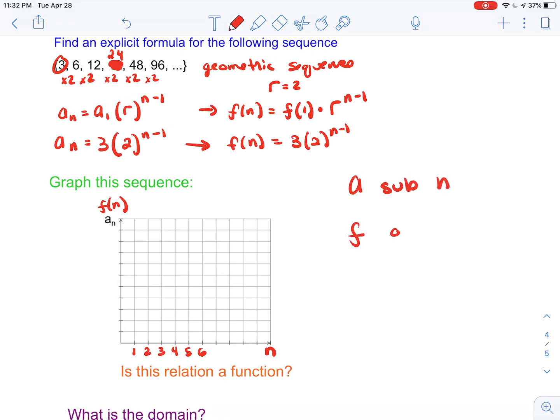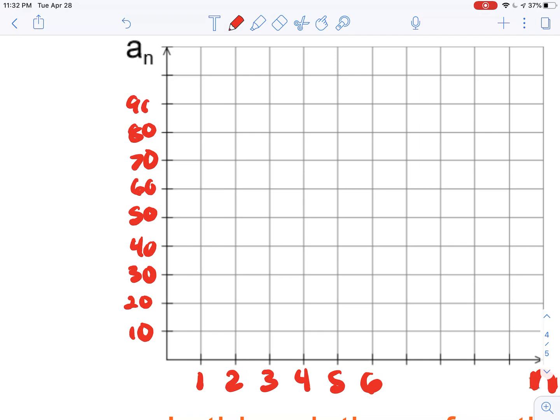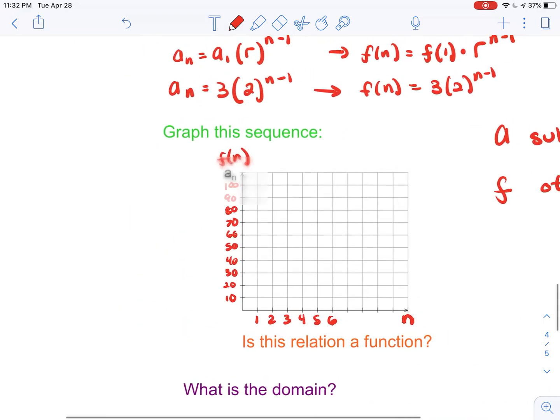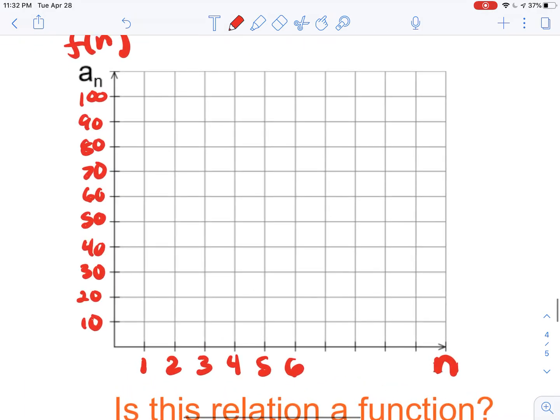Okay, so it's a sub n, f of n. That's how you would read those two. Those are interchangeable. So we want to have up to 96, so I'm actually going to go by tens on this axis. Notice for this one, geometric, it moves a lot quicker: 50, 60, 70, 80, 90, and 100.